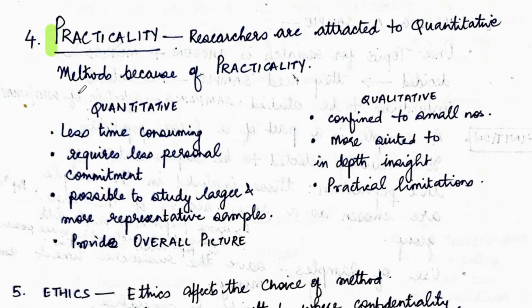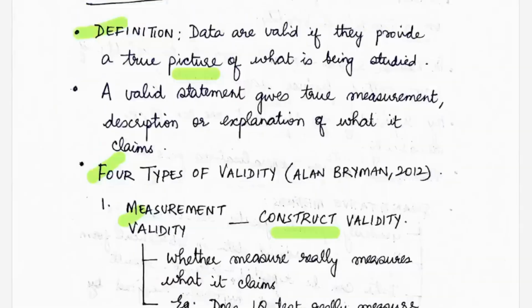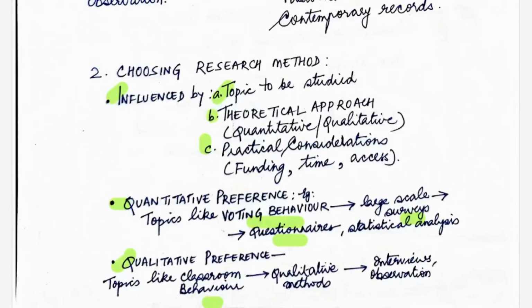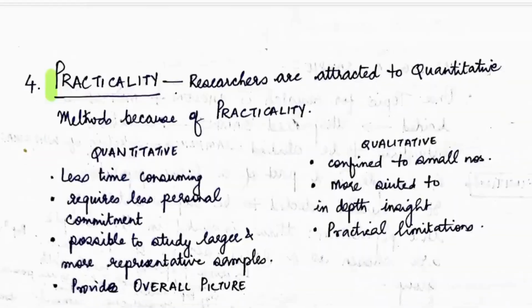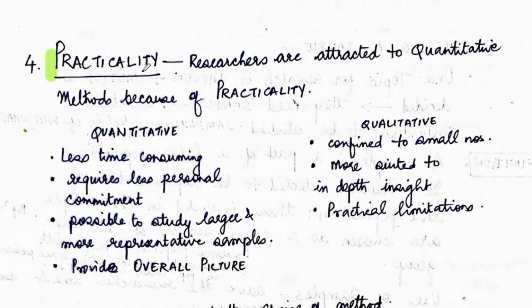Earlier, we had seen what the causes are which influence the choice of research method. We had seen that the choice of research methods is influenced by the topic, the theoretical approach, and the practical considerations. The practical considerations, that is the practicality aspect of it.